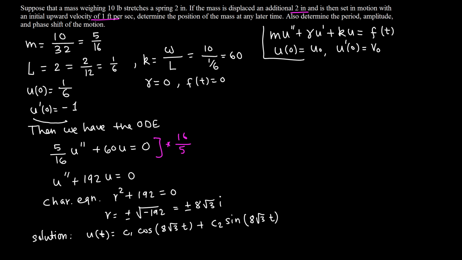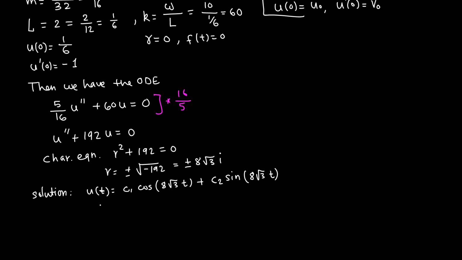So let's find the derivative of this solution. u prime is now, cosine is negative sine, so negative 8√3 c1 sine 8√3 t plus 8√3 c2 cosine 8√3 t.